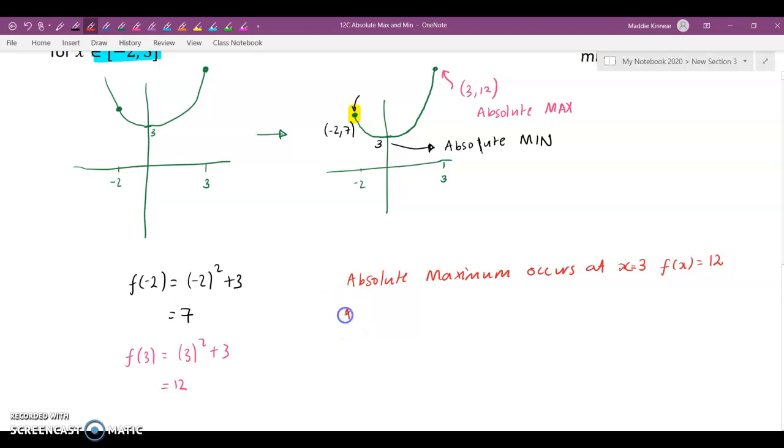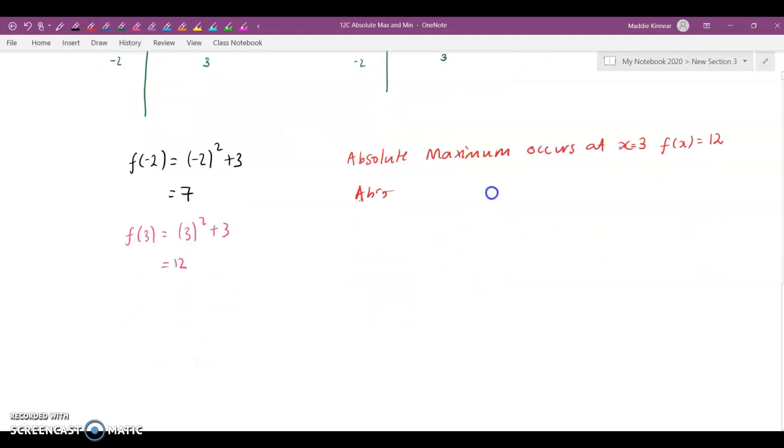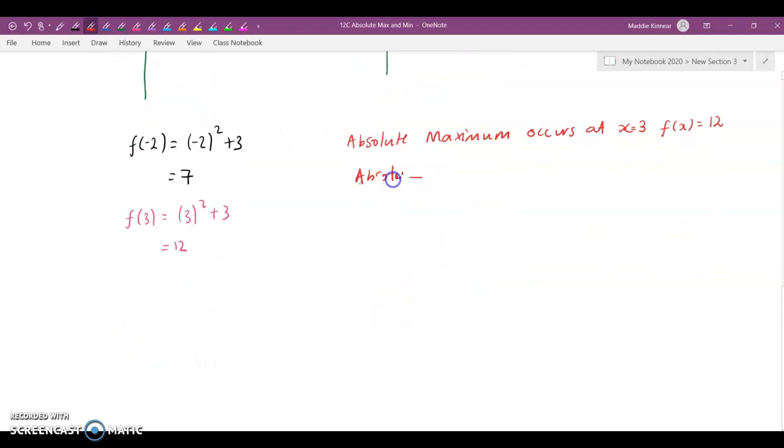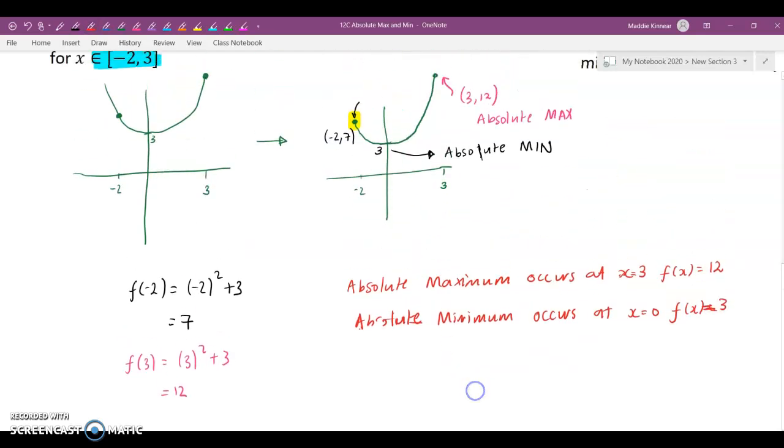And our absolute minimum occurs at x equals 0 and f of x will equal 3, and that's our turning point through the middle. That's 0, 3.